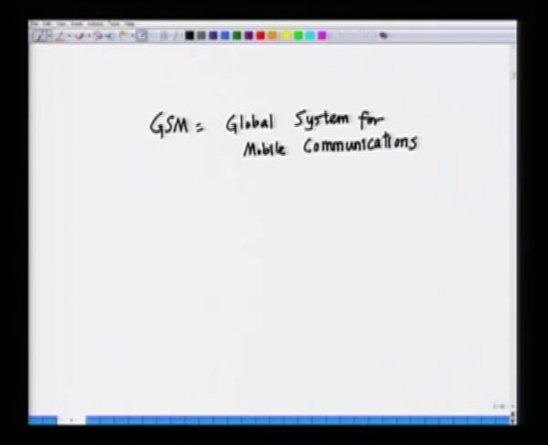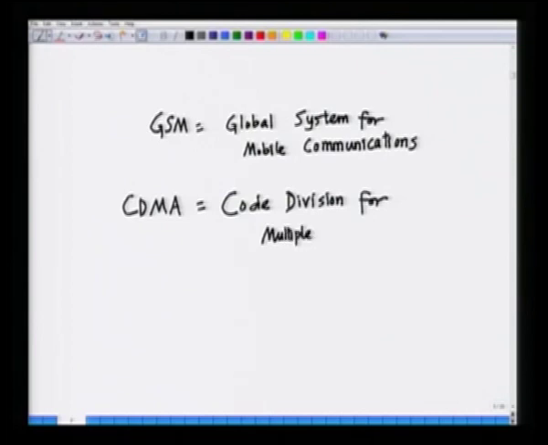CDMA stands for Code Division Multiple Access.